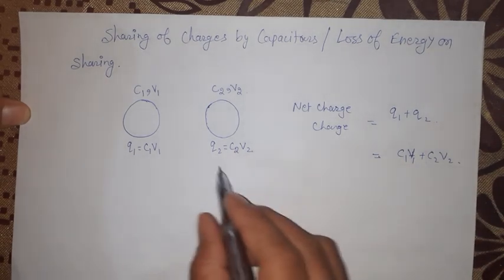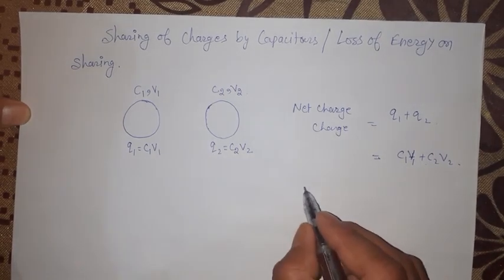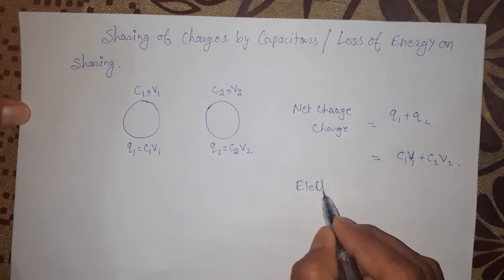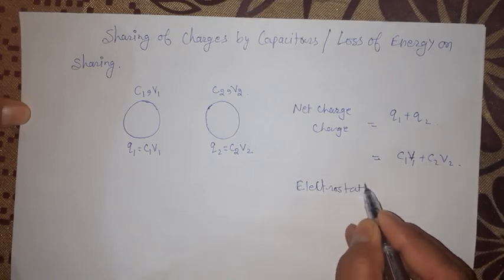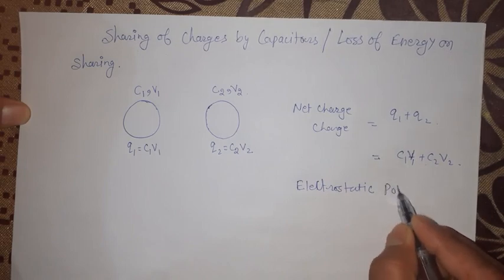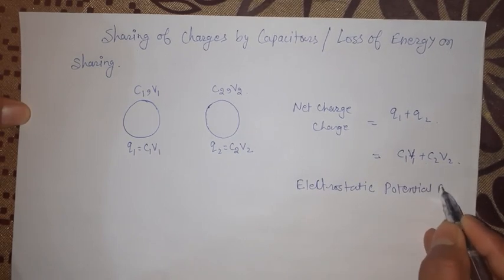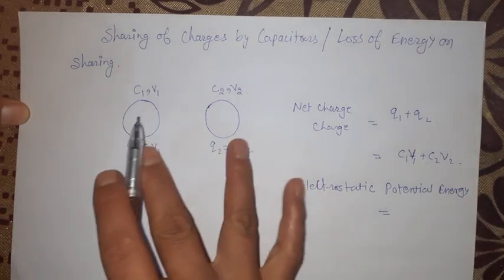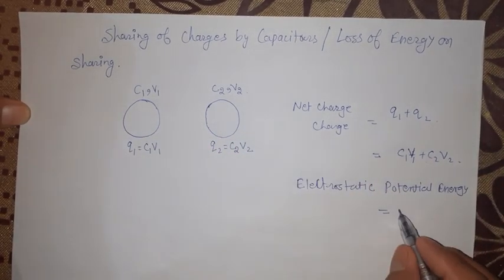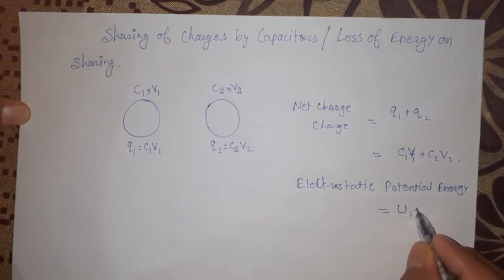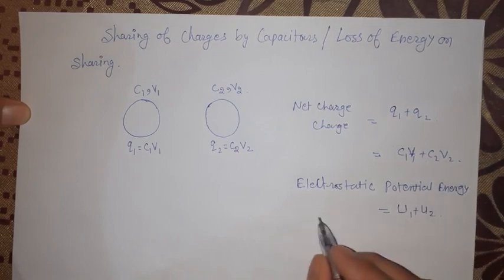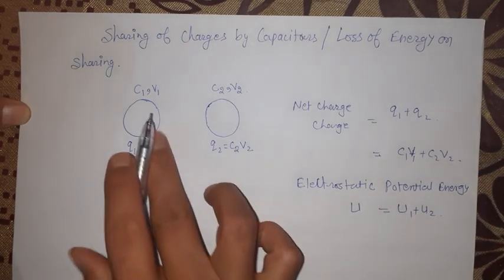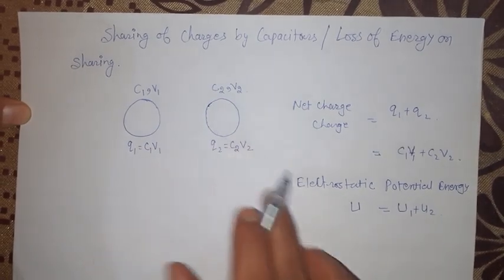And how much is the energy stored in it? The electrostatic potential energy on these two capacitors: potential energy always gets added, so it is the potential energy of the first plus the potential energy of the second. This is the initial potential energy, as the two capacitors are not connected together. It equals 1/2 C1 V1 squared plus 1/2 C2 V2 squared.